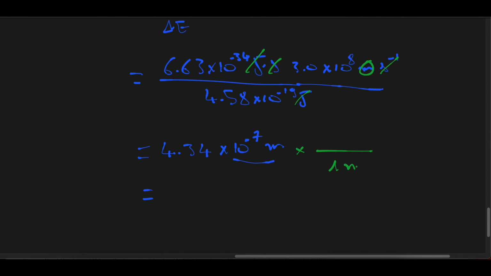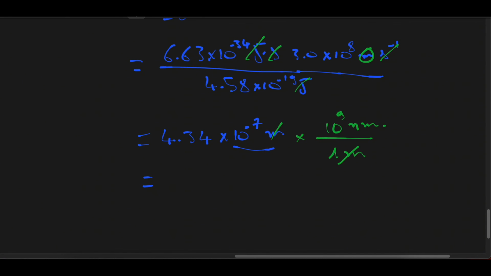We know that 1 meter is equal to 10 to the 9 nanometers, and we get a value of 434 nanometers. So here is the wavelength of this photon.